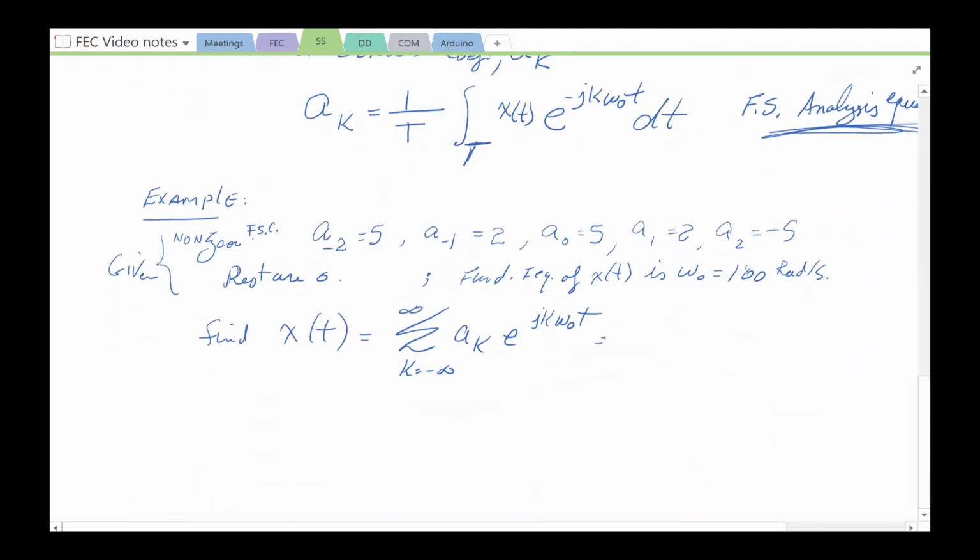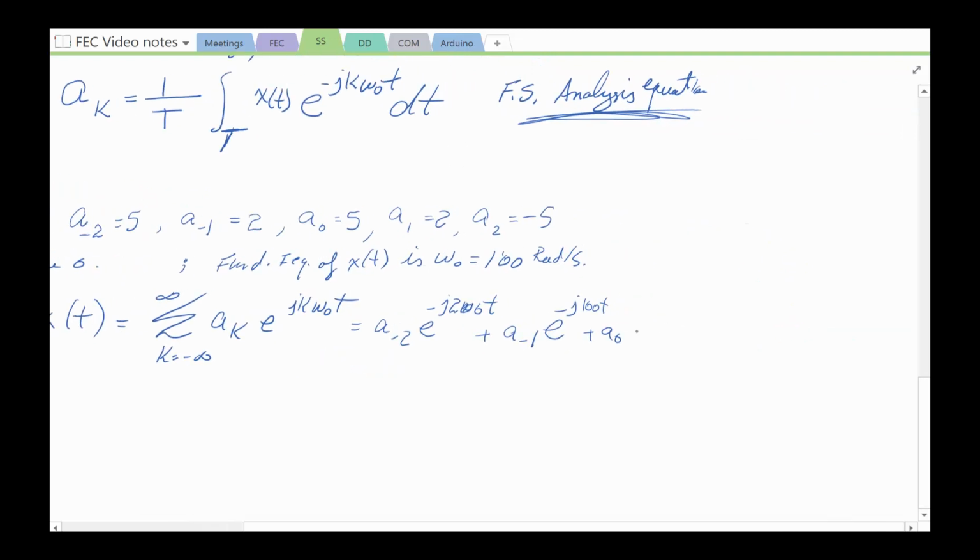It means all I have to do is start at a minus 2, because the rest are 0, e to the minus j 2 omega 0 t, and that's 200t because omega 0 is 100, plus a minus 1 e to the minus j 100t plus a 0 plus a 1 e to the j 100t plus a 2 e to the j 200t, and there I have my signal.